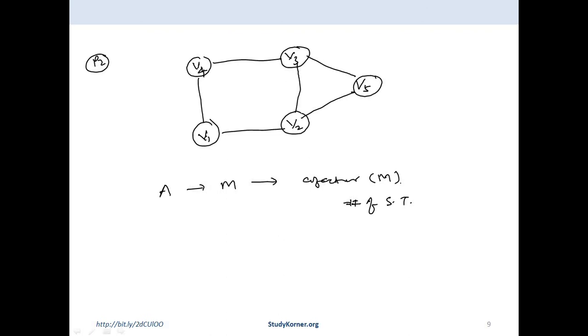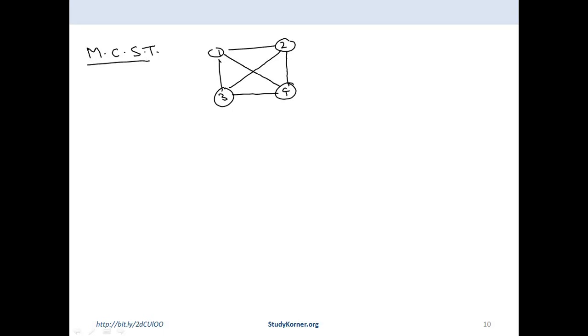Now to find the minimum cost spanning tree, because the main topic here is finding the minimum cost spanning tree. We have learned what a spanning tree is. Now, minimum cost spanning tree, so I just write the topic: minimum cost spanning tree is nothing but a spanning tree with the minimum cost. So if a graph is given to you 1, 2, 4, and suppose here it is 3, and this is a connected, complete graph, and the weight for each edge is given.